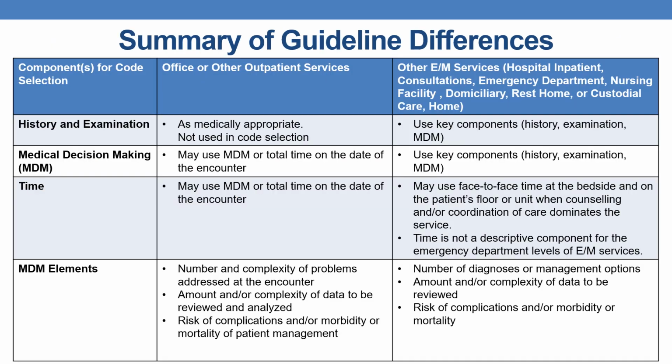Now coming to the summary of guideline differences between different types of E&M services. The new guideline is for office and other outpatient services. For office and other outpatient services, history and examination must be documented as medically appropriate.